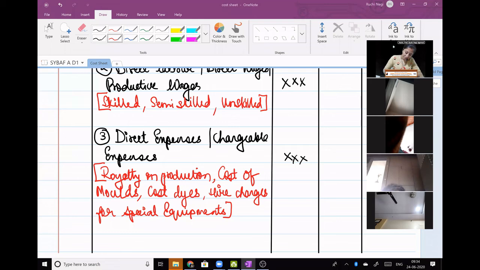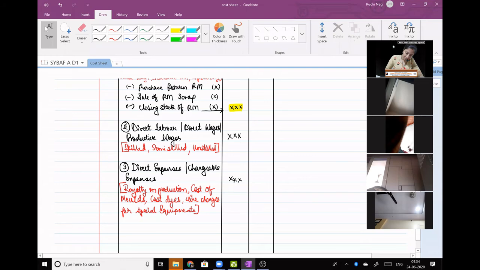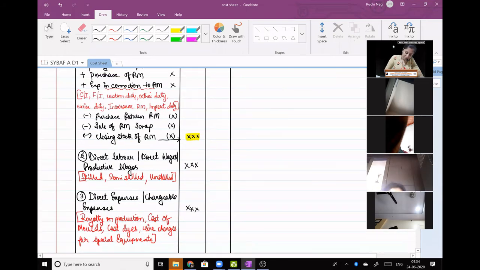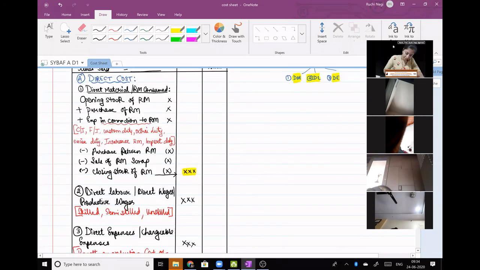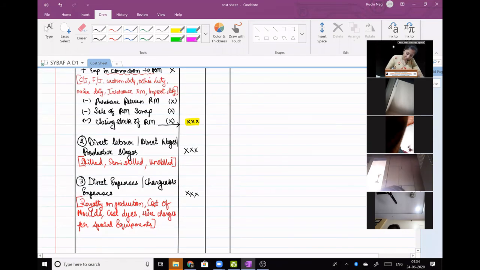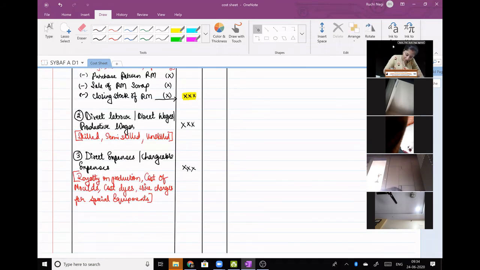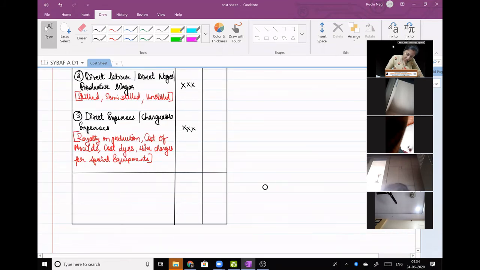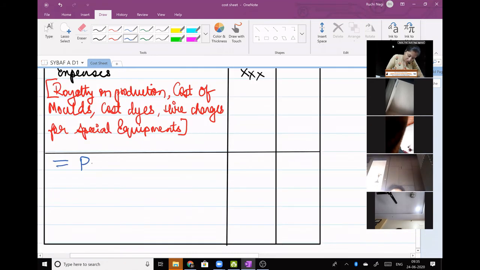Any doubts till here? Okay, total this. So this is known as prime cost.